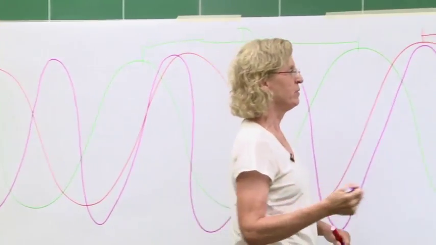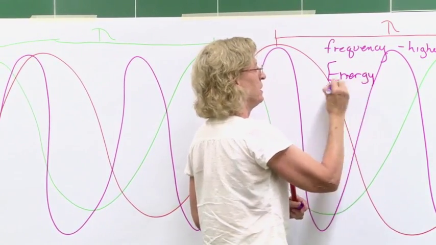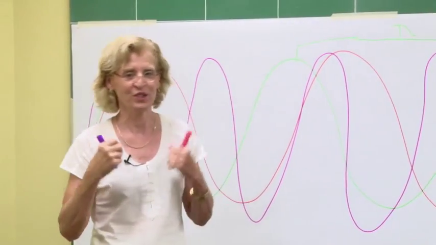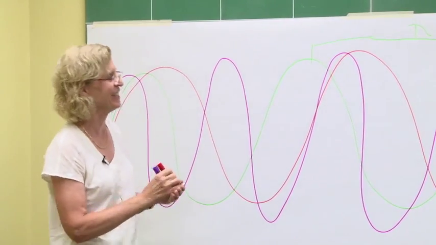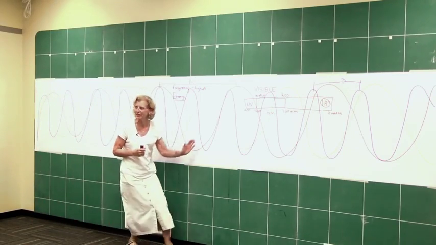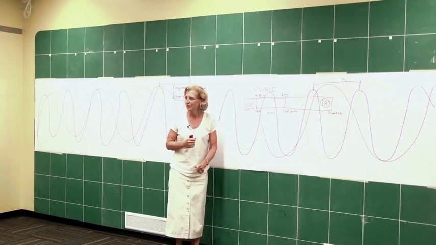Now, there's one other thing we need to know, and that's about energy. And light has energy. You know that because, you know, you get sunburn, right? Light has energy. Okay, which of the three people here had the most energy? Who had to put in the most energy? The purple one.